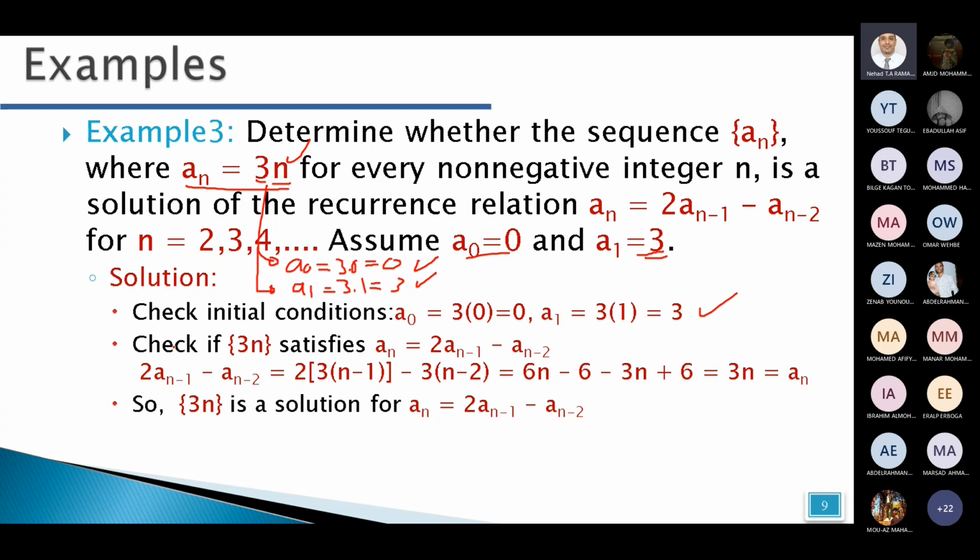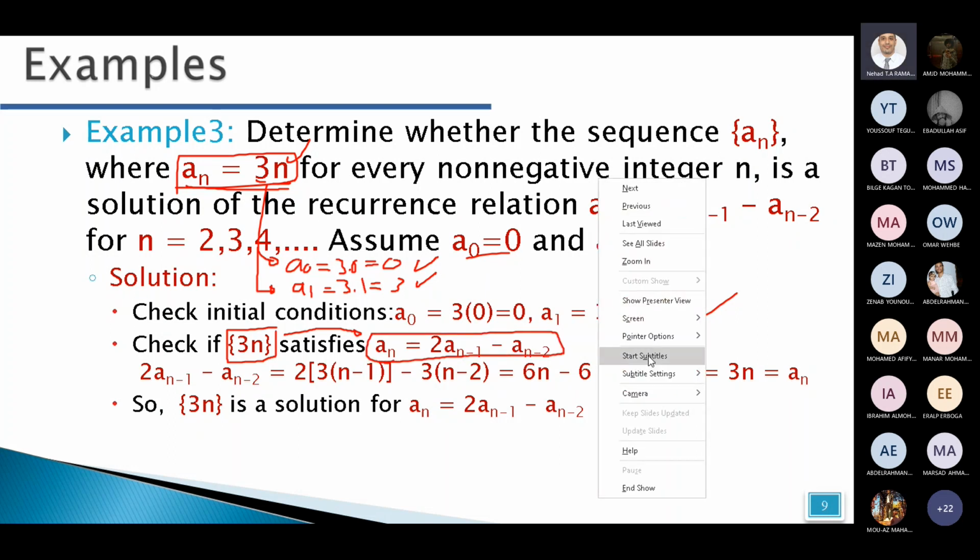Now let's check if it's correct for the recurrence relation. So this is a sequence. We need to check if this sequence, or this solution, is correct for the recurrence relation. Okay, how to check it?